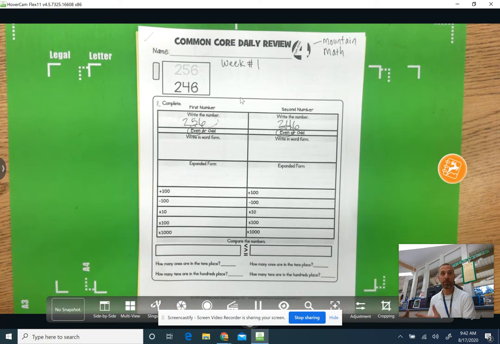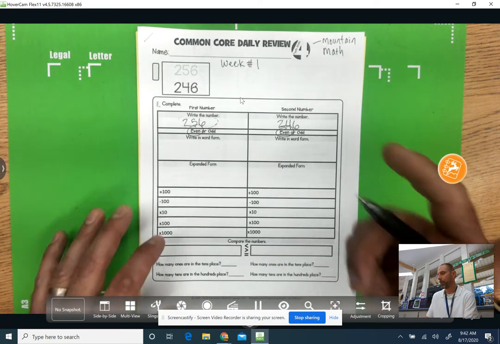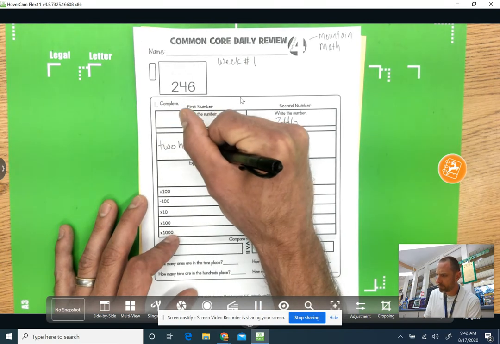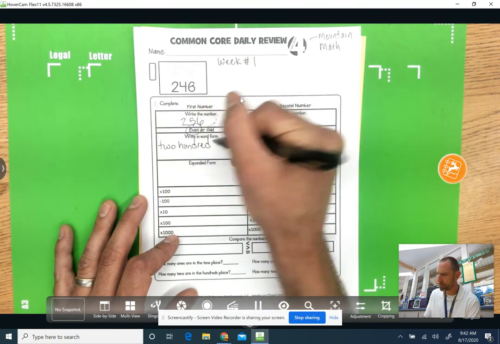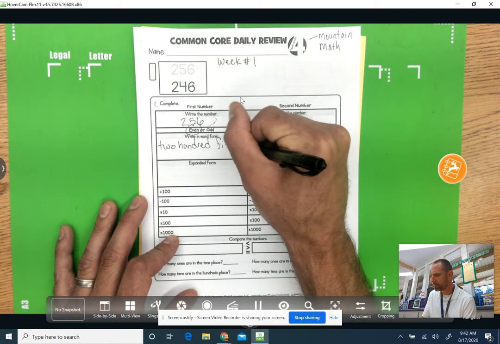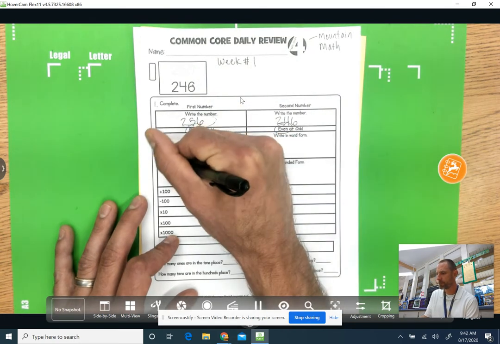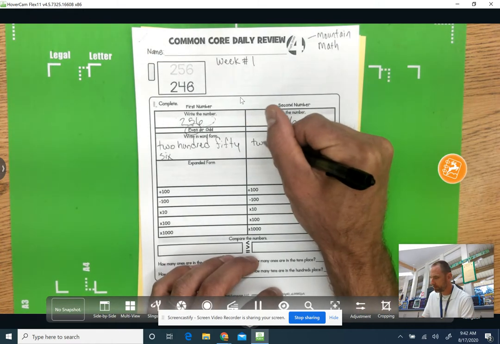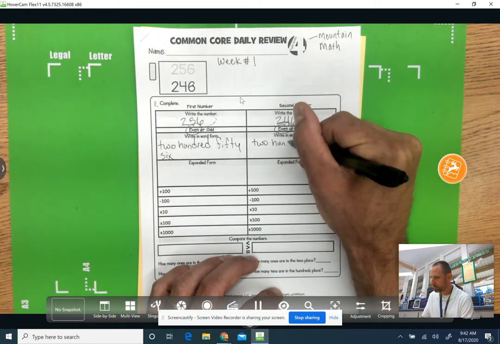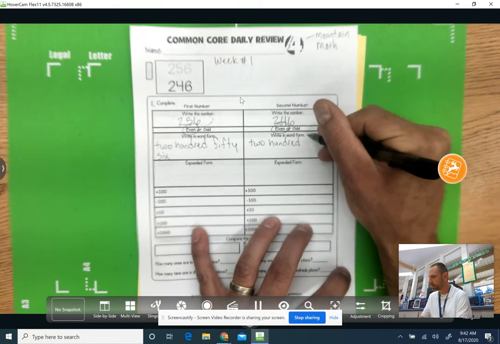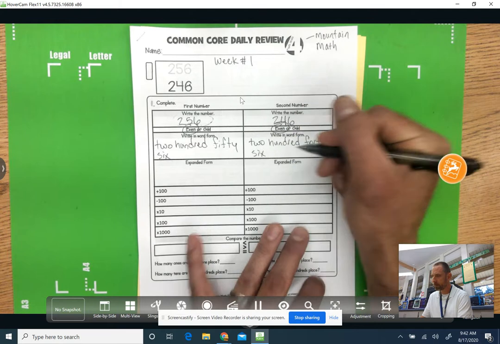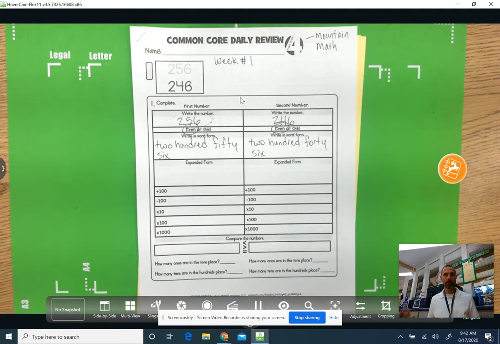And so if you need to know how to spell a number, look it up. So we have 256. Okay? And then we have 246. And we're done with the third task for that number.